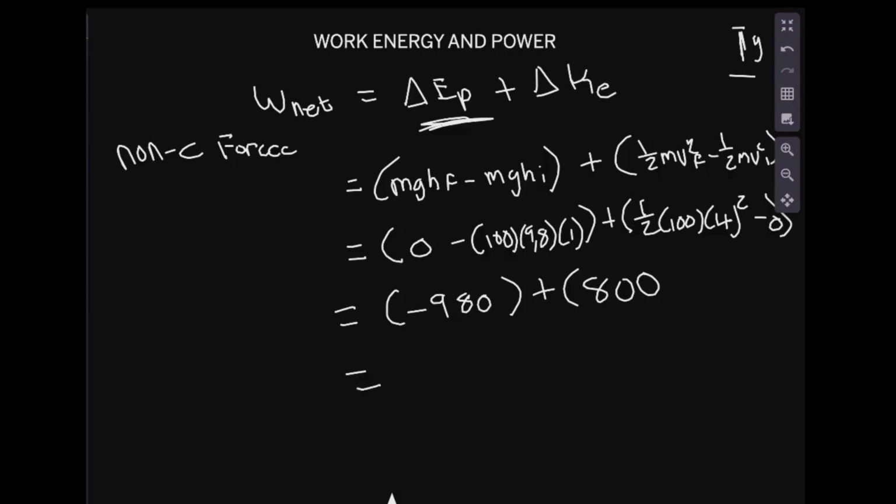We now have a difference of negative 180 joules. Remember, energy is a scalar quantity, right? Just calculated all of the energy here. This means that the work done by the non-conservative force is negative 180 joules.